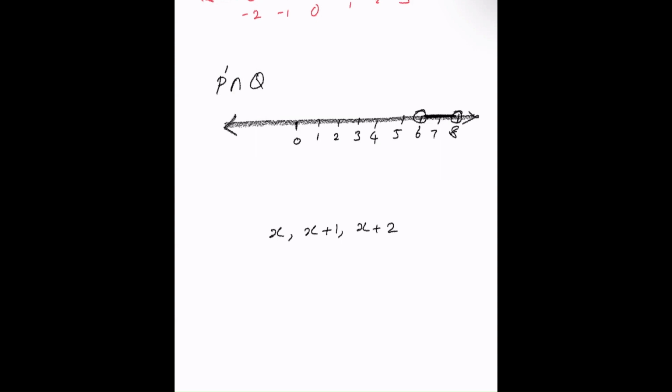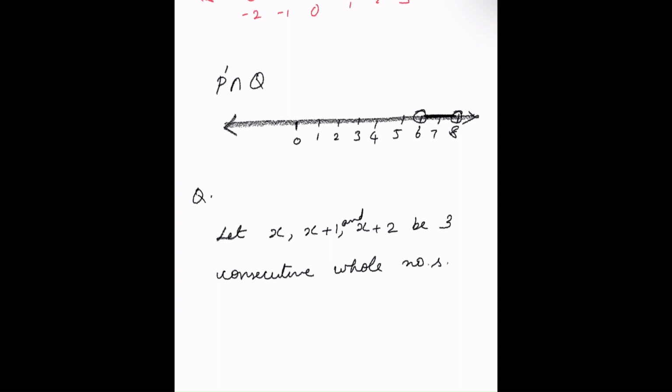So if I am taking x as a whole number, x, x plus 1, and x plus 2 are consecutive whole numbers. So I will write let x, x plus 1, and x plus 2 be 3 consecutive whole numbers. Now what is the next part they are saying?